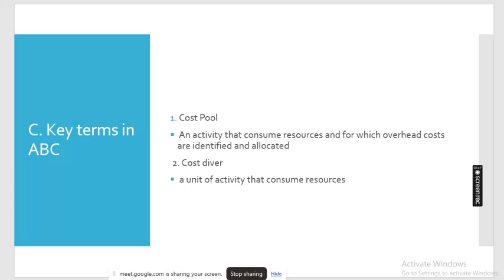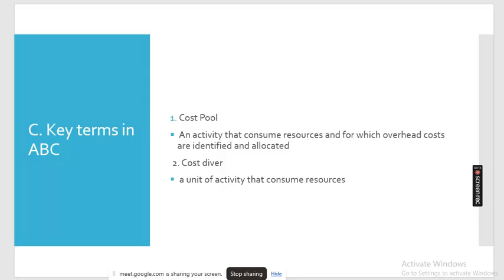In activity-based costing, there are two key terms which you have to understand. The first one is a cost pool. A cost pool is an activity that consumes resources and for which overhead costs are identified and allocated. So every department here we treat as a cost pool.